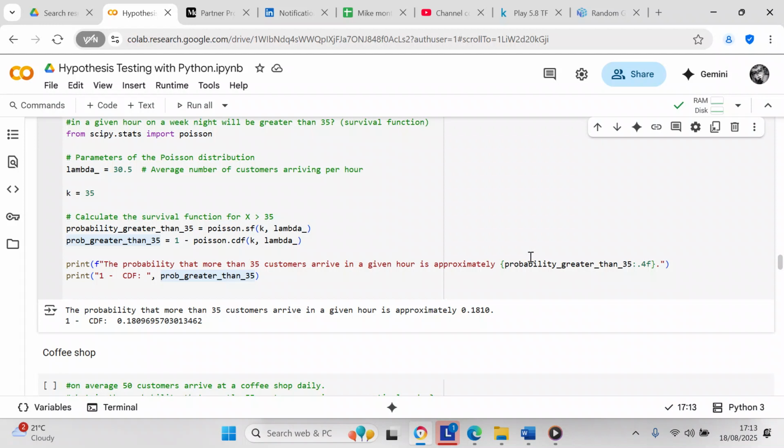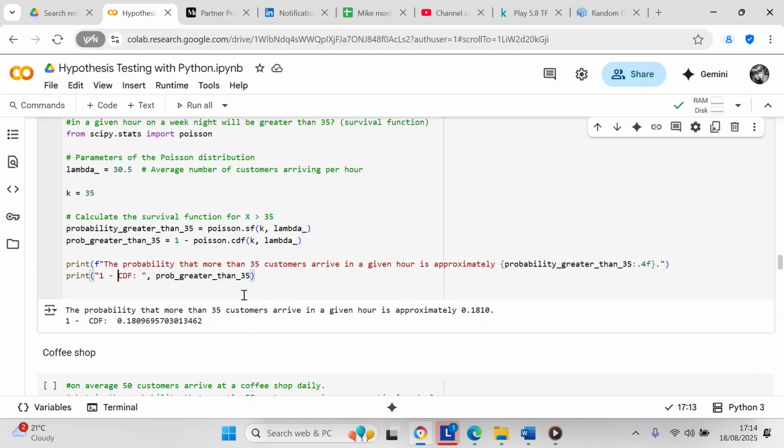Then we're going to print the probability that more than 35 customers arrive in a given hour, which is approximately 18.1%. We do the same thing for 1 minus CDF, and it's 18.1% as well. So 1 minus CDF is the same as the survival function for the Poisson distribution.